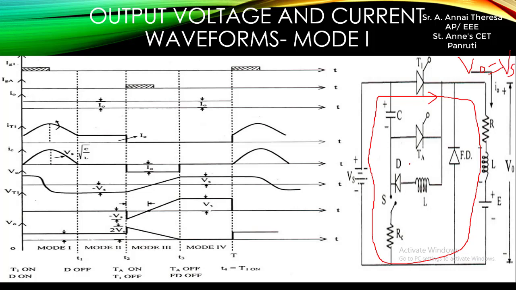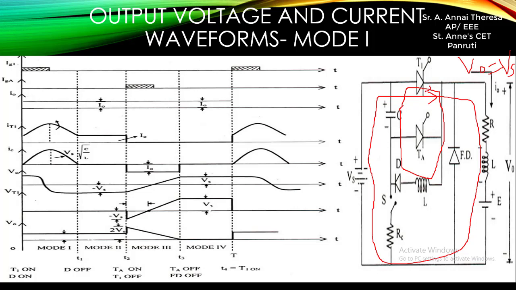Here there are 2 current paths. The first one is the output current, from Vs through thyristor T1, the load and back to Vs. The second is the commutating current path, which is through the capacitor, thyristor T1, inductor and diode.